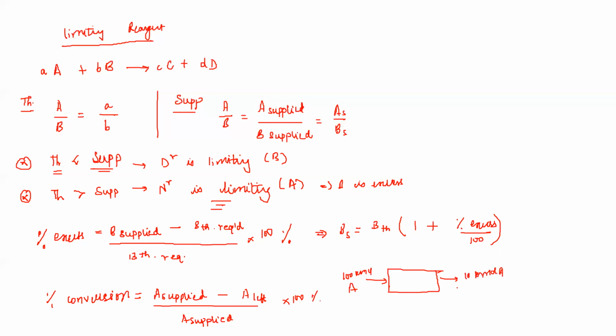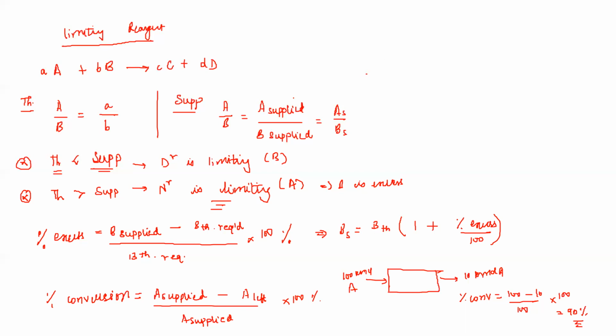In that case, the percentage conversion of A is going to be A supplied, that is 100, minus A left, that is 10, by A supplied, that is 100, into 100, that gives us 90%. That is the percentage conversion. So once you're clear with whatever was done in the previous video lecture, we move on to a problem.